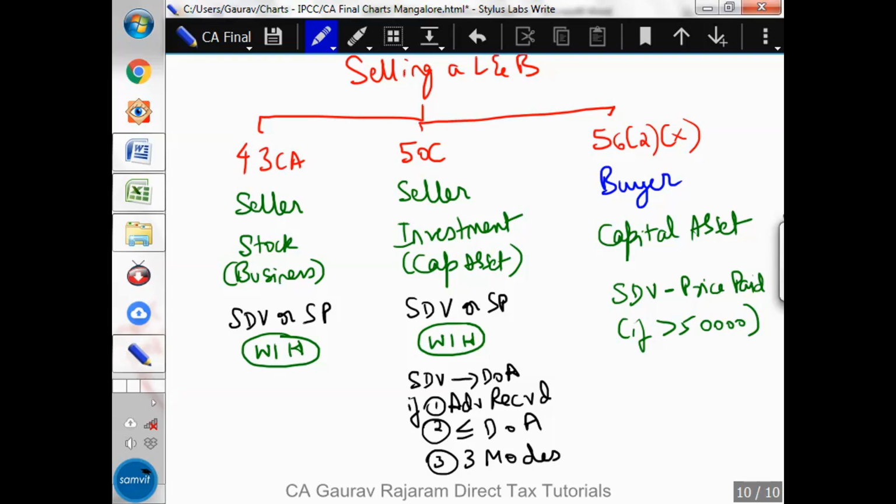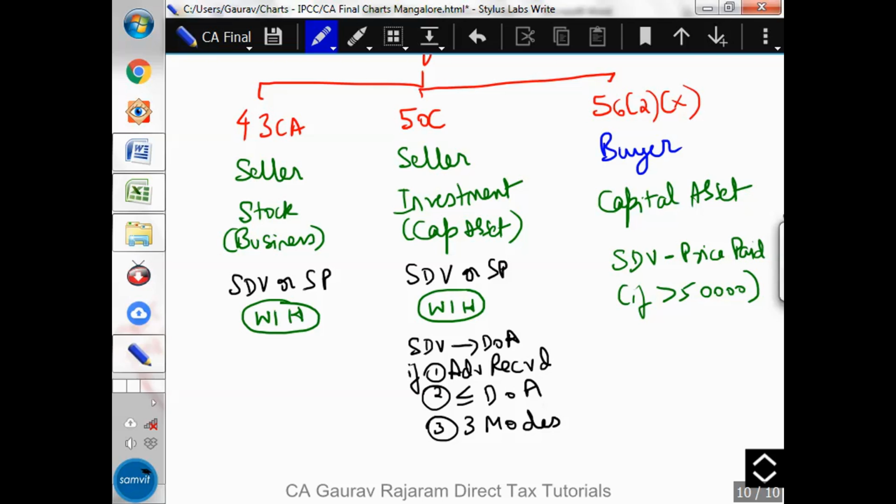If all these three are satisfied, you will check the SDV on the date of the agreement. If not, on the date of the registration, the SDV you will check, and then you will compare with the selling price.